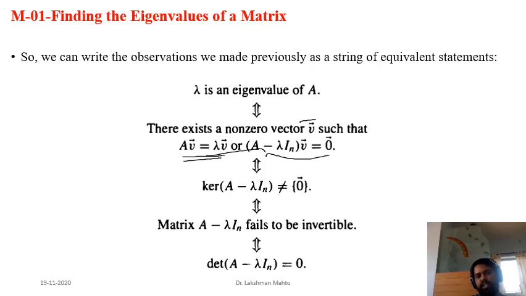This homogeneous equation will have a non-zero solution when the matrix A minus lambda I happens to be a singular matrix. The criterion for being a singular matrix is that the determinant of that matrix must be 0, vanishing of determinant. So this is the overall concept to find eigenvalues of a given matrix.